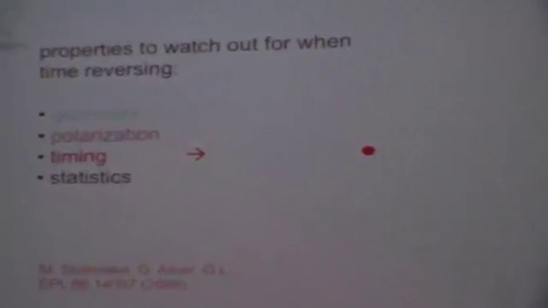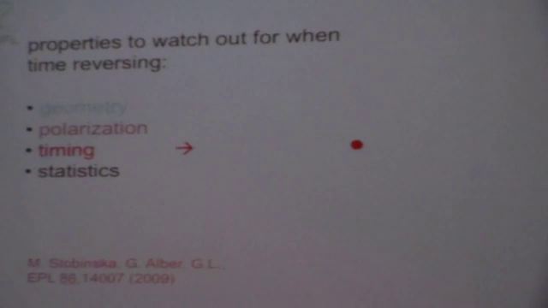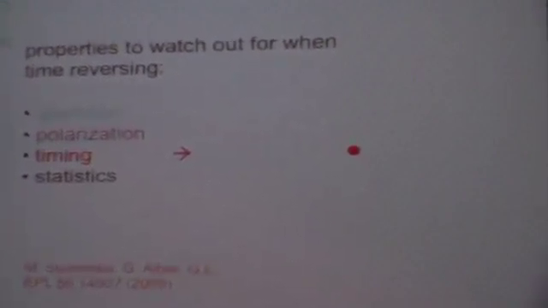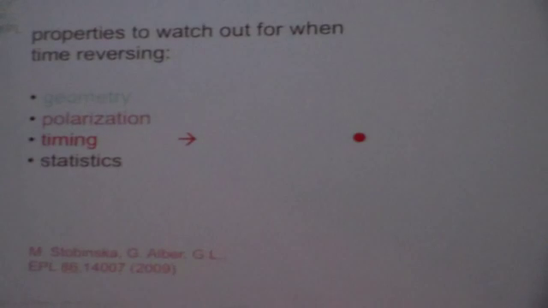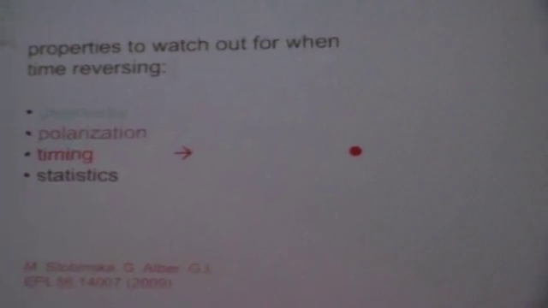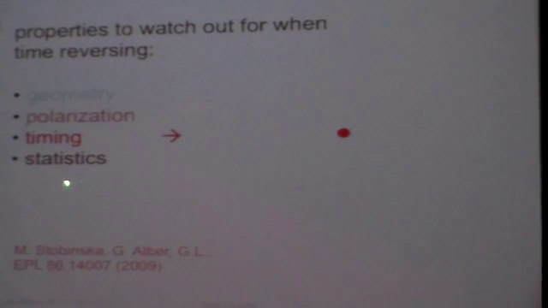This is the geometry, of course, when we provide the single photon wave packet that should hopefully very efficiently couple to the atom. Then we need an ingoing dipole wave. This is part of time reversal. We have to get the polarization right because the fields are always vector fields. And the timing we discussed in detail.